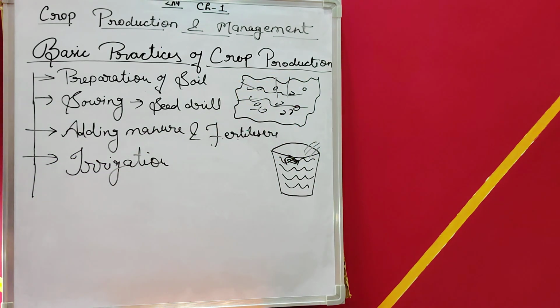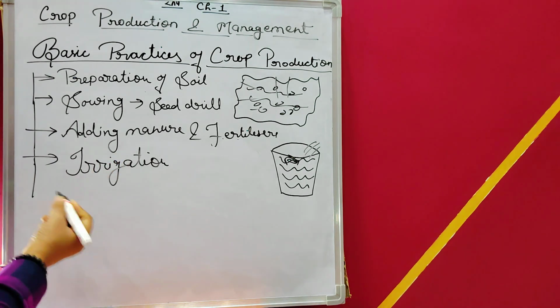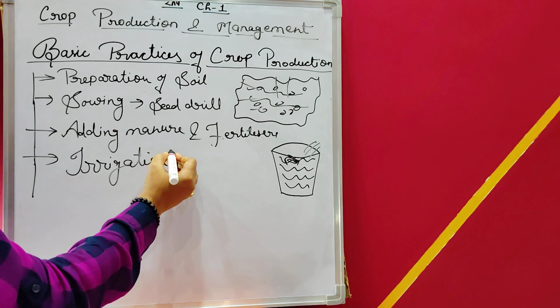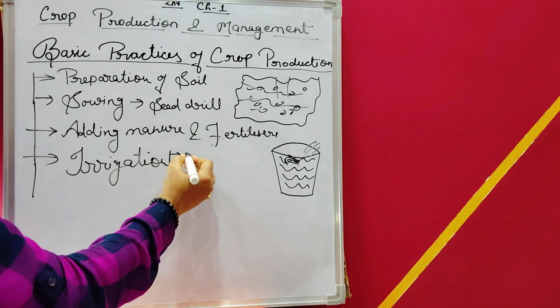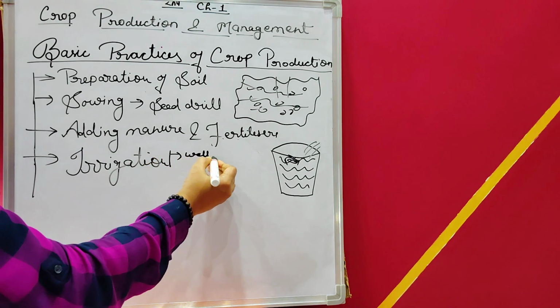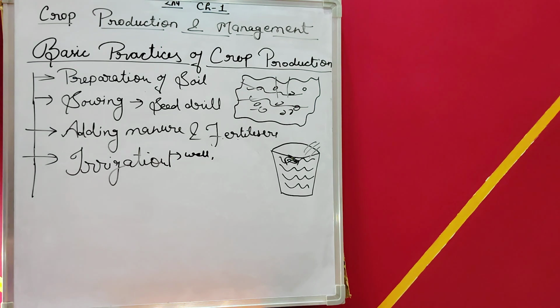There are two methods of irrigation. Since ancient times, irrigation is done with the help of wells, tube wells, and ponds. Through that water source, the farmer does the irrigation. You might have read that the Indus Valley civilization, or any civilization, flourished on the bank of a river. Crop production and irrigation is the main reason that all civilizations flourished on the bank of the river.